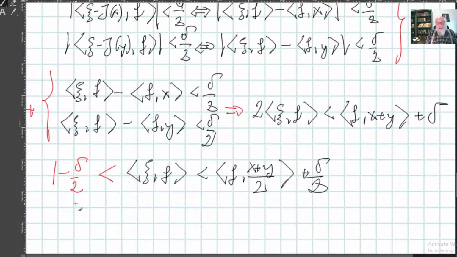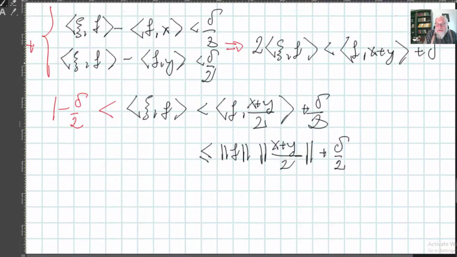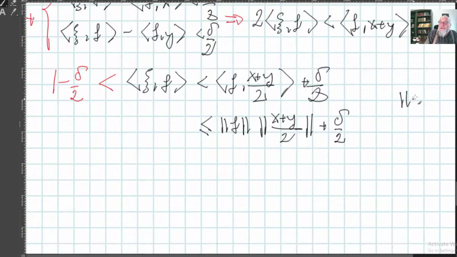And next, I go further and say that one is smaller or equal to f of x plus y divided by 2 plus delta over 2. And remember, we chose f to be of norm 1, so this is actually equal to the norm of x plus y divided by 2 plus delta over 2.